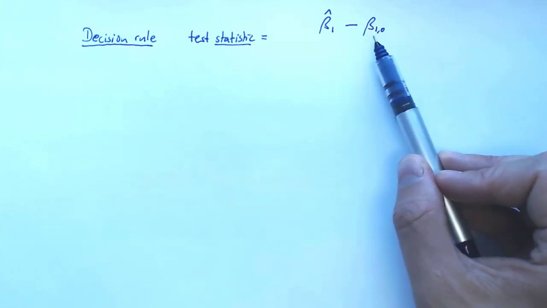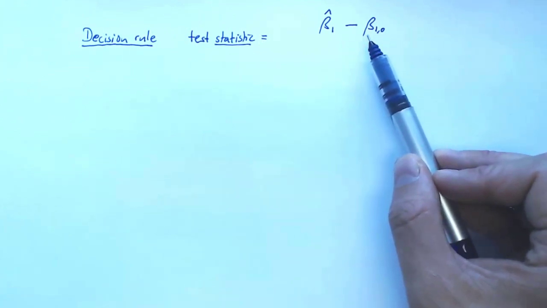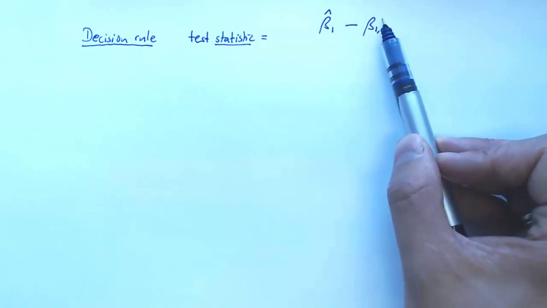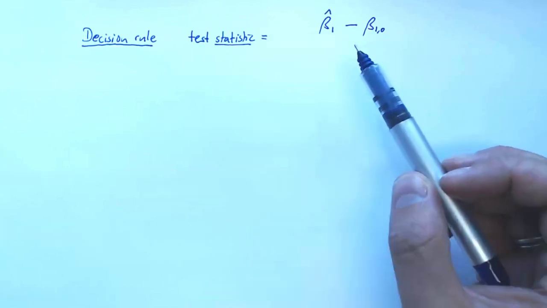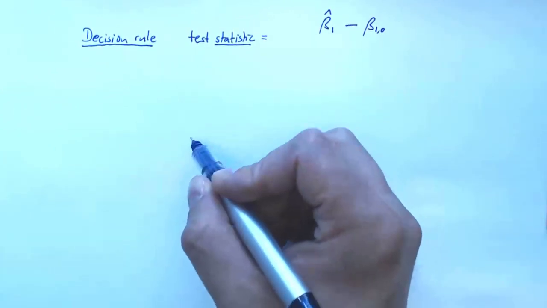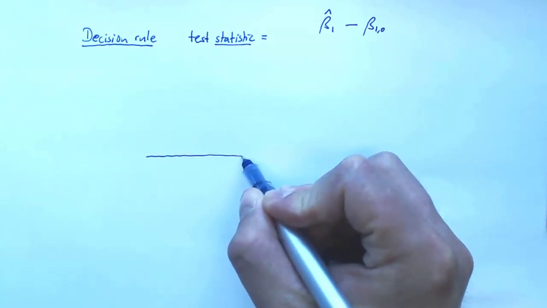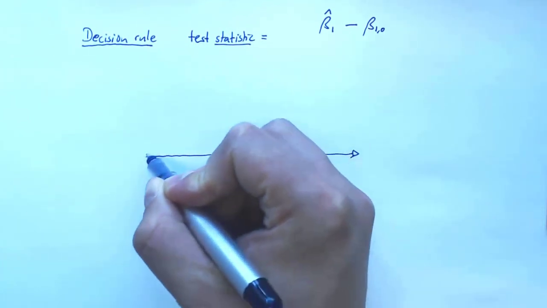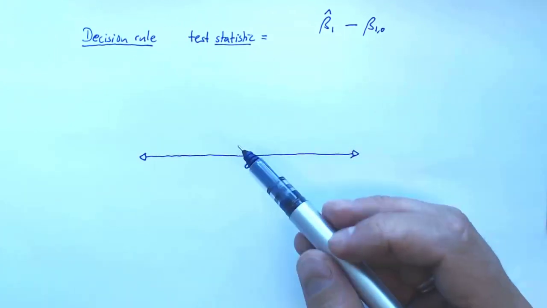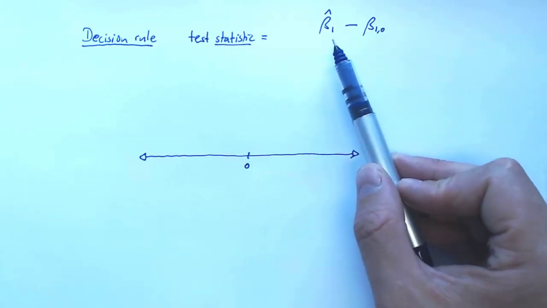The problem that we encounter here is that we know if the null hypothesis is true, this has a normal distribution, right? But we don't know its variance. So if I want to draw the density for this normal distribution, I know it's centered at 0, but I won't know the variance.